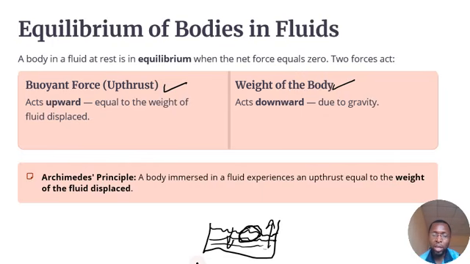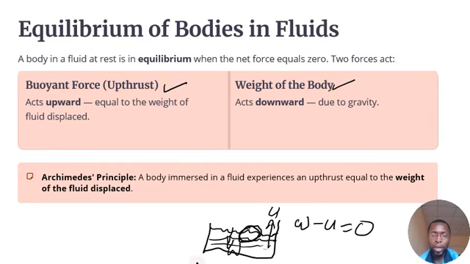When the body is in equilibrium, it means that the total force, let's call the upthrust force U and the weight force W, satisfies W minus U equals 0. The reason why there is a minus is because they are acting in opposite directions, so their net force must amount to 0. The point where W minus U equals 0 is when the body is at equilibrium.